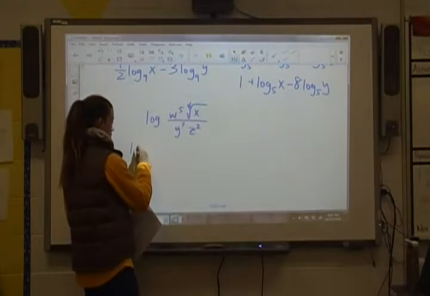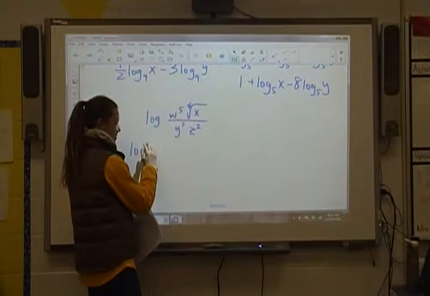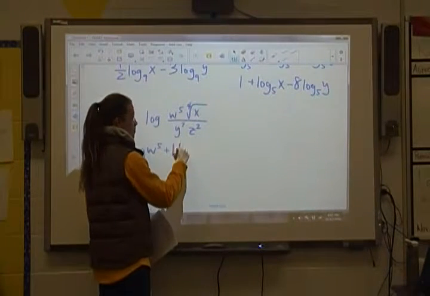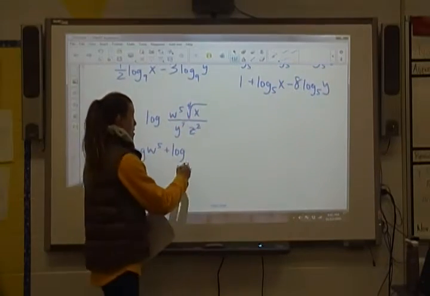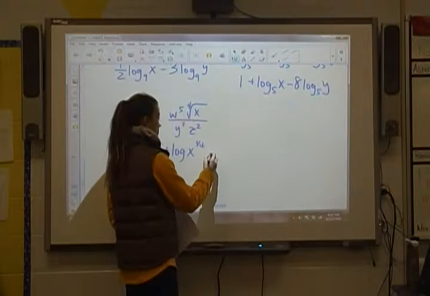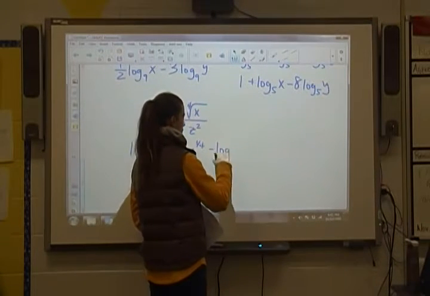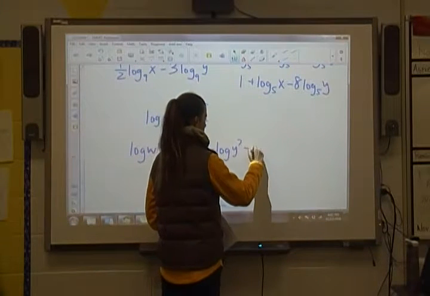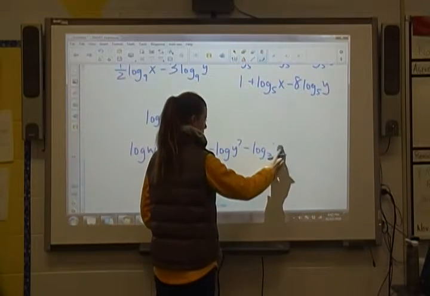So if we write this out, log of nothing, base 10, of w to the 5th plus log. Now, 4th root means my fractional exponent is 1/4. Log base 10 of x to the 1/4 minus common log of y to the 7th minus common log of z to the 2nd. And I keep trying to write it as subscript.